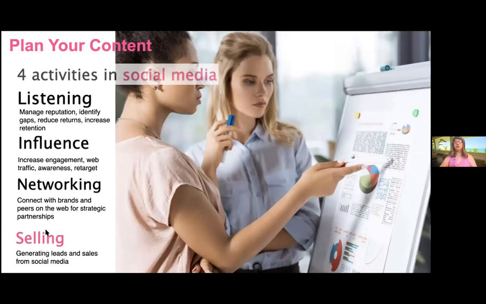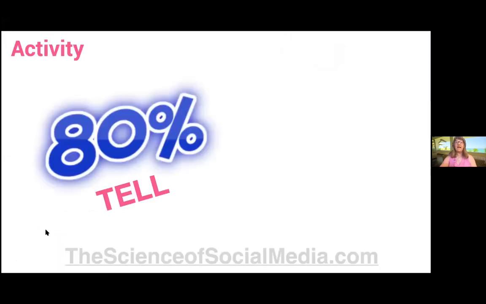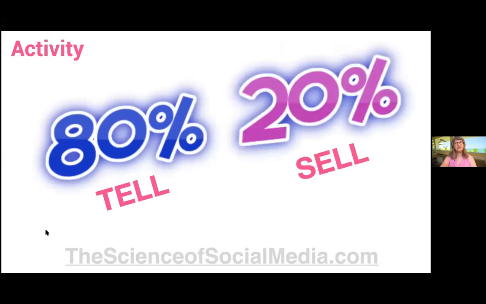And so it's important as you start to create that plan that you're aware of these 4 activities, because you have to make sure that you're really about to follow the 80-20 rule. 80% of tell and 20% of sell, right? So again, 80% on networking, listening, and influence, and 20% on the selling.